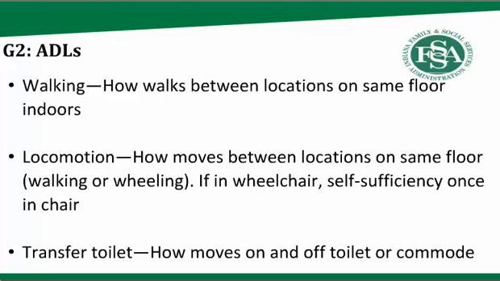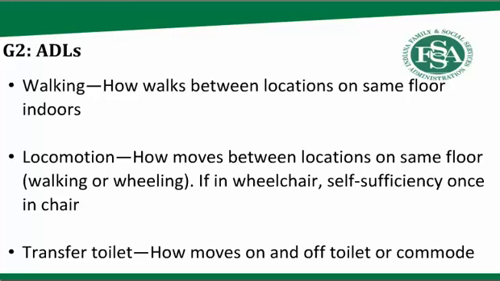Locomotion includes how the person moves between locations on the same floor, walking or wheeling. And if they use a wheelchair, you want to look at their self-sufficiency once they're actually in that chair. So we're not looking at them getting in and out of the chair. Once they're in it, how are they getting from point A to point B? And this can be movements in locations inside and outside.